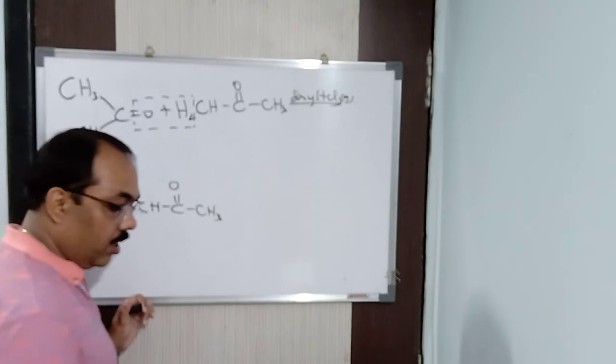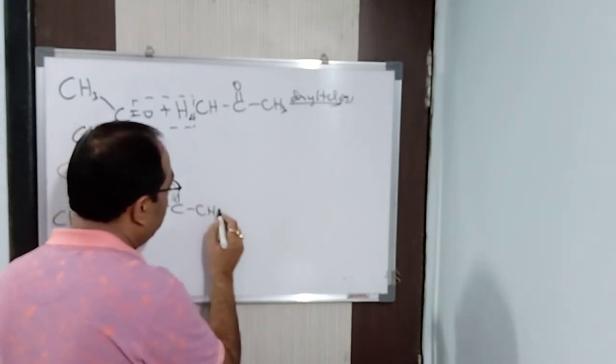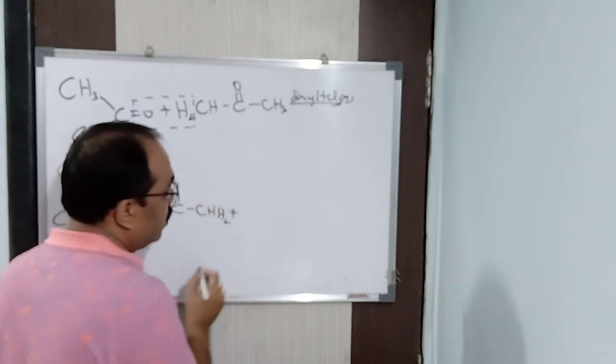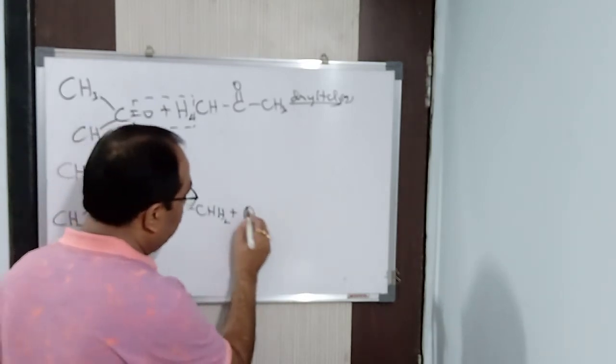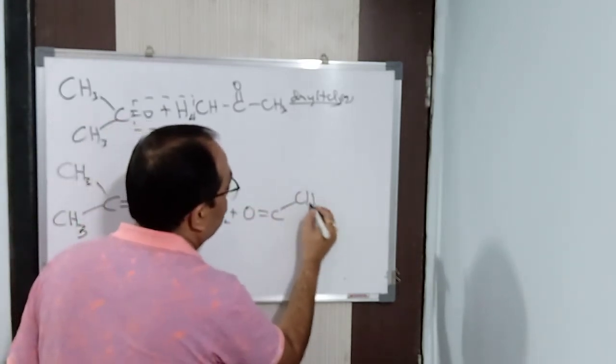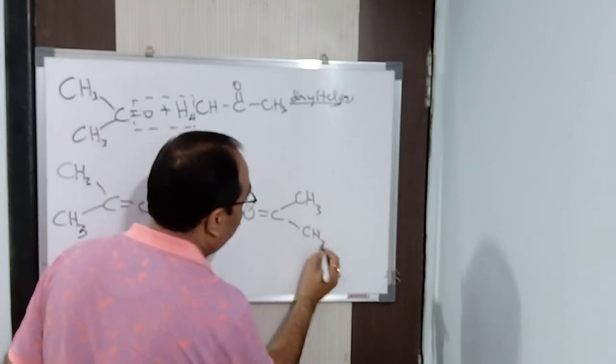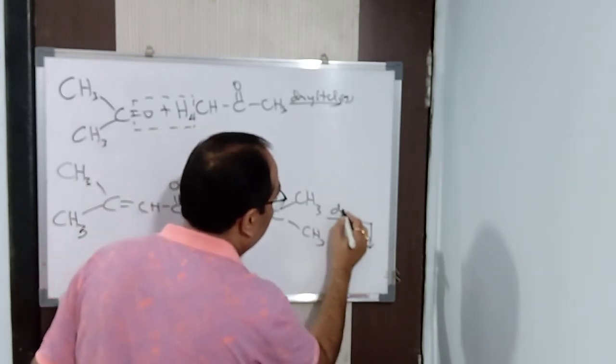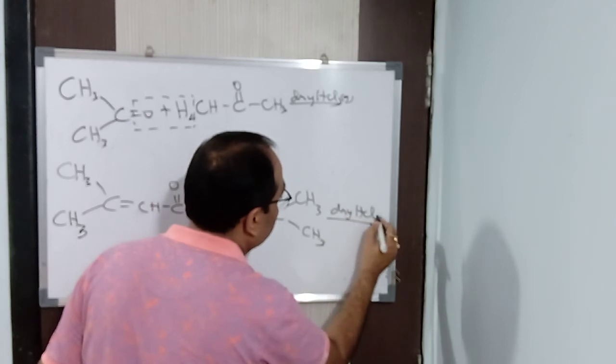Now this CH3 I will break up into CH2, and acetone I will write in this way, as in the previous case. So you can understand that I am doing the same thing in presence of dry HCl gas.